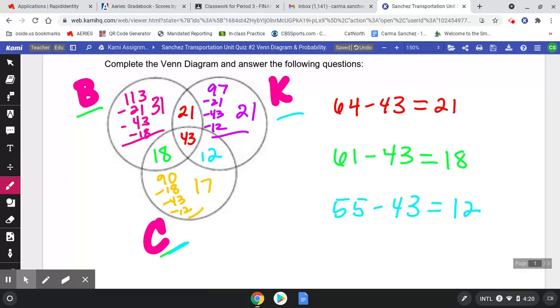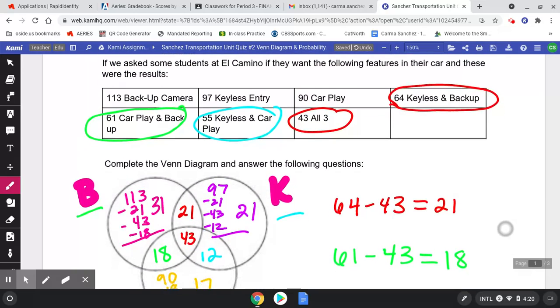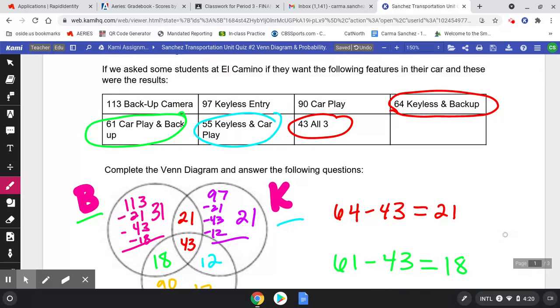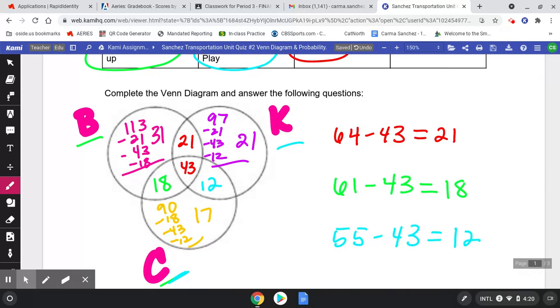So now that the Venn diagram is filled in, we go up to look and see if they told us how many students. And notice that in this example up here, they didn't, but this is the homework problem from your recent homework, the 4-4 practice. And it did tell you in the homework that there were 300 students. So we always want to count and see, is this totaling 300? What numbers need to total 300?